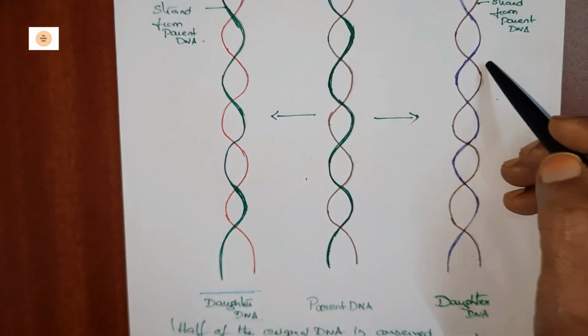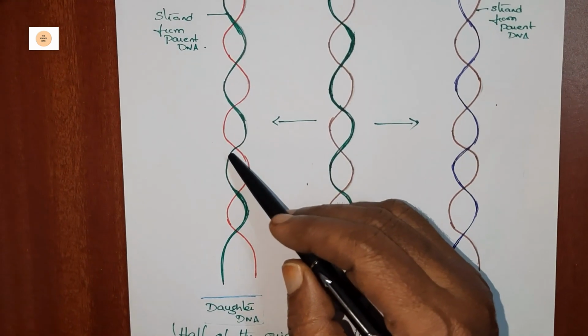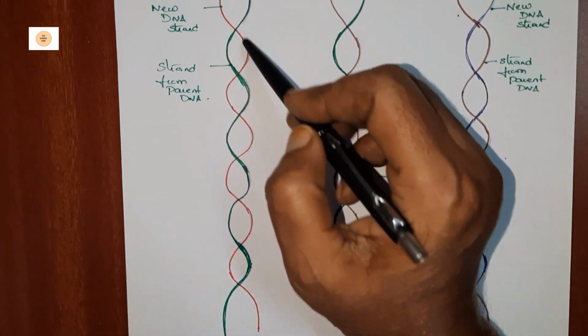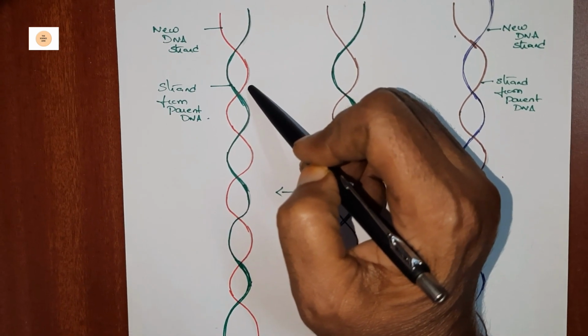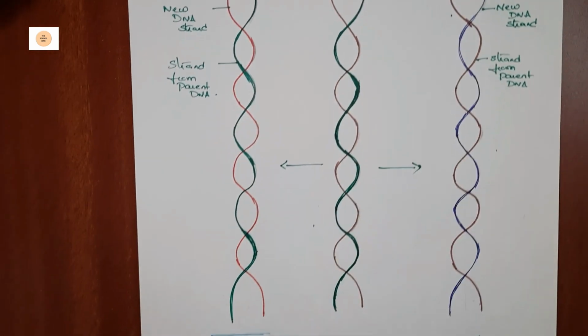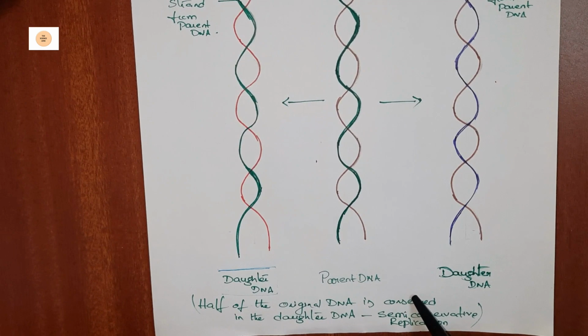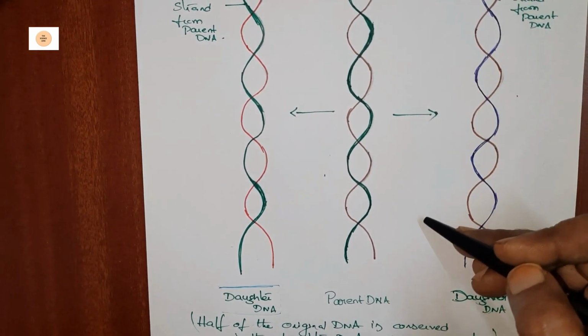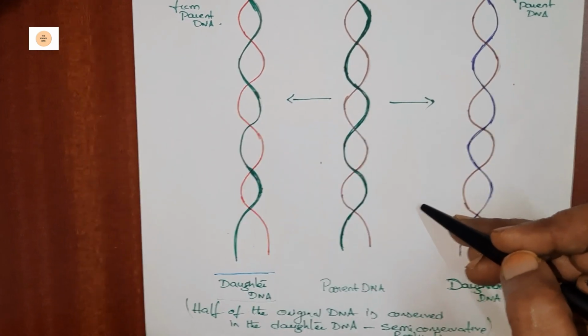So these two progeny DNAs, or daughter DNAs, each have one strand from the parent DNA and the other strand is the newly synthesized DNA strand. So half of the original DNA is conserved from the parent, and hence this type of replication is called semi-conservative replication.